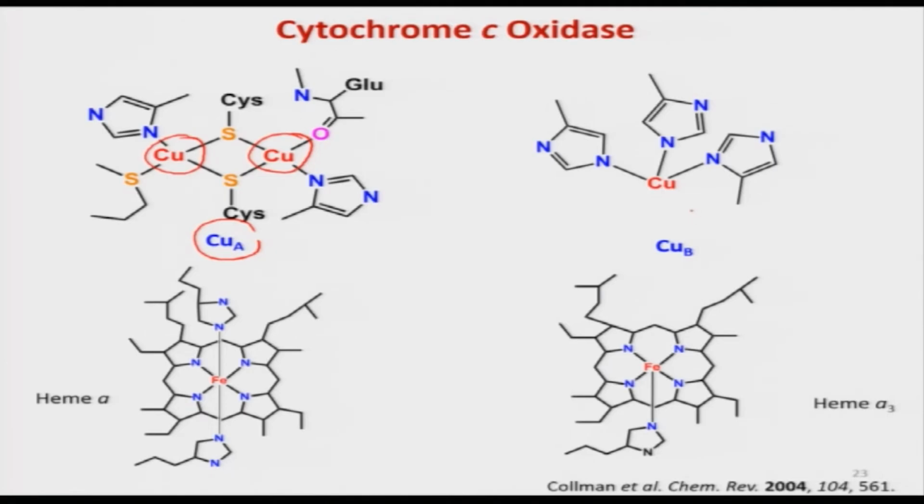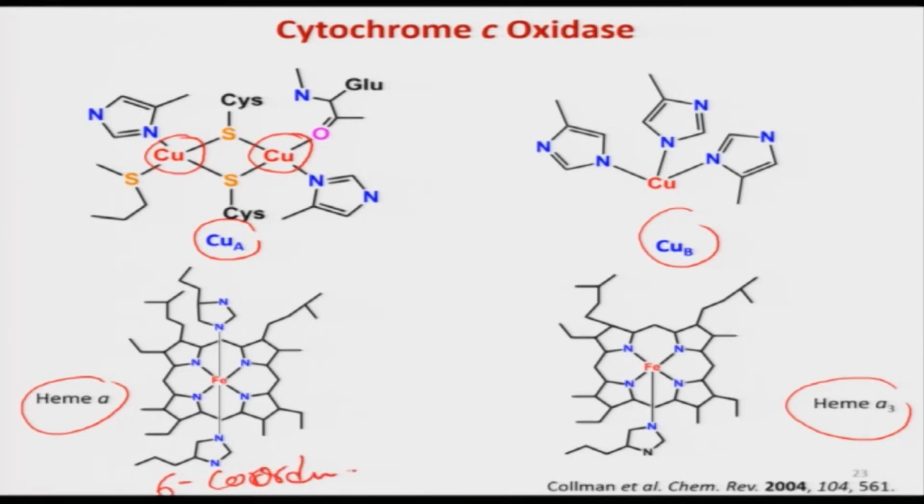Now, copper B, as you can see, 3 histidines are ligated to this metal, and also there are 2 types of heme, one is called heme A and the other heme A3. 2 histidine moieties are there in heme A, which is 6 coordinated, and here in heme A3 it is 5 coordinated.